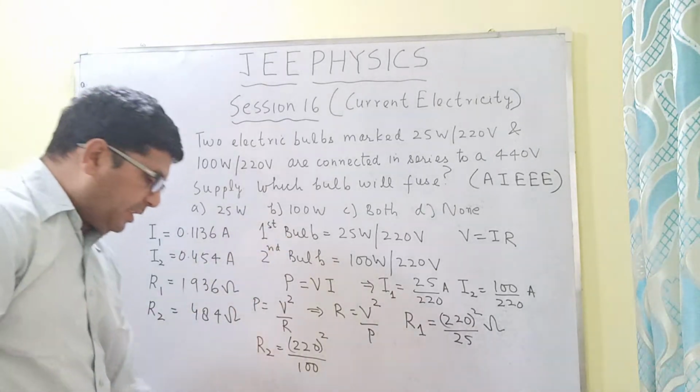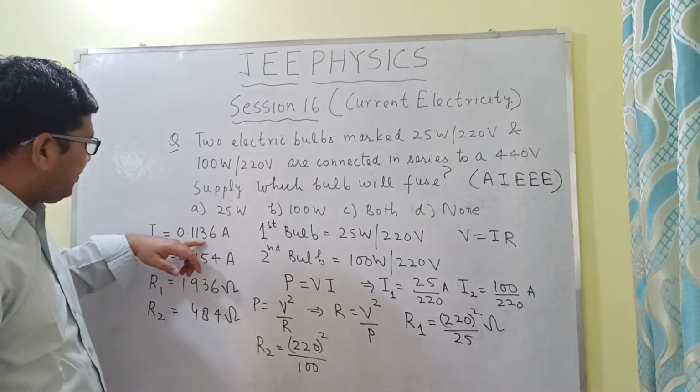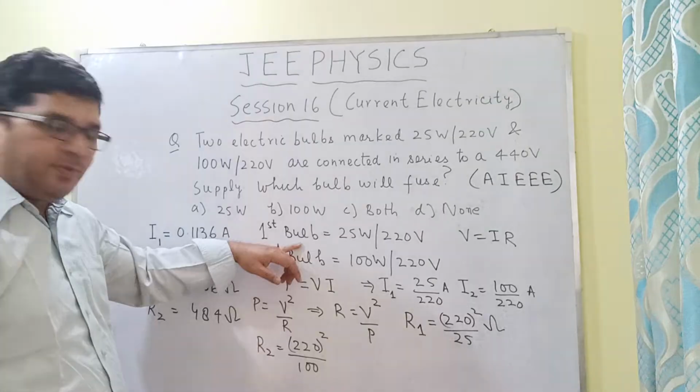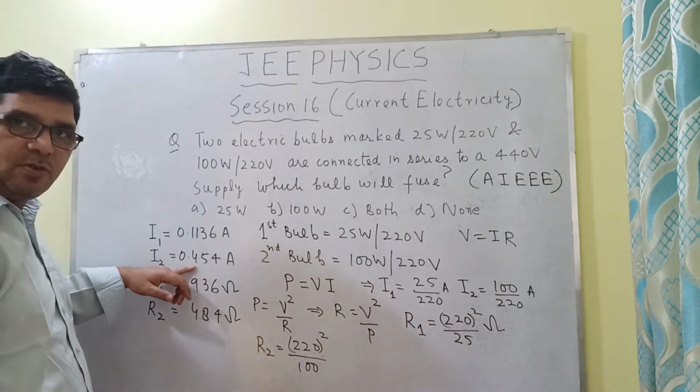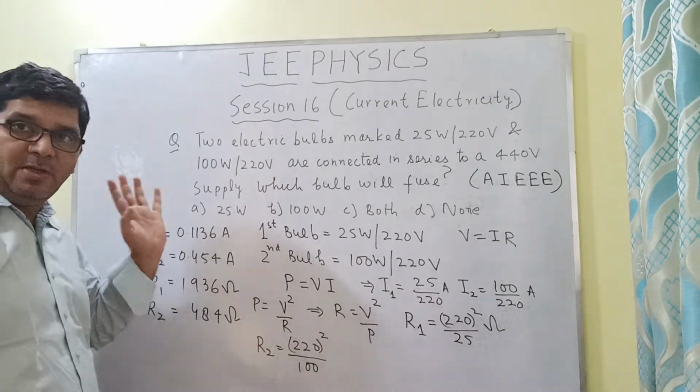That is, if the current is more than 0.1136, then this bulb will fuse, and if the current is more than 0.454 ampere, then both the bulbs will fuse.